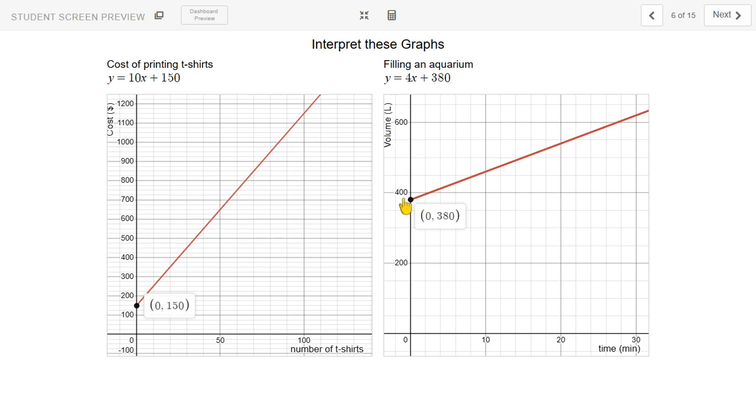For each additional minute, there is 4 liters of water that's going in. So after 10 minutes, I have 460 liters because for each minute, we went up by 4.